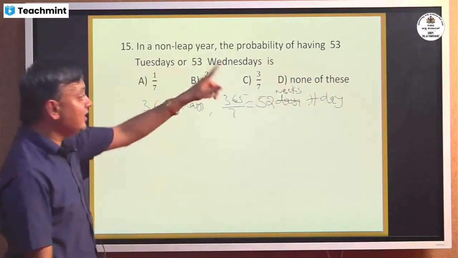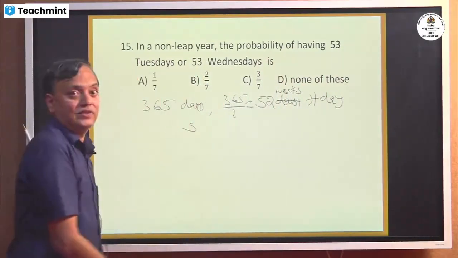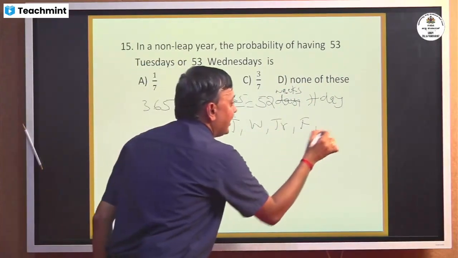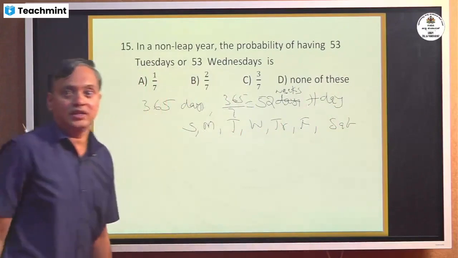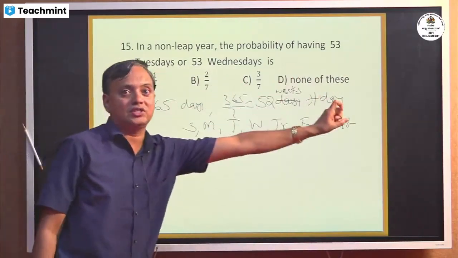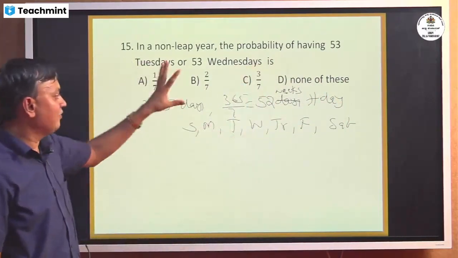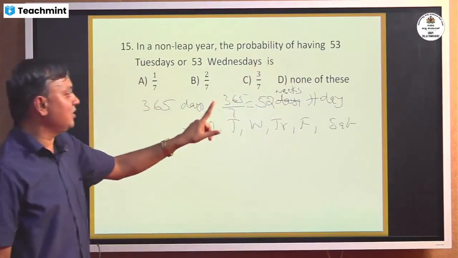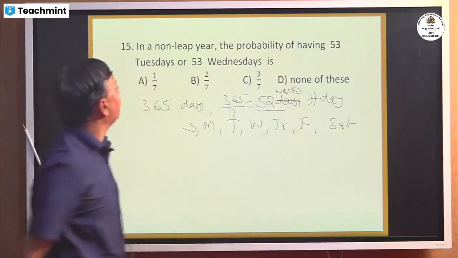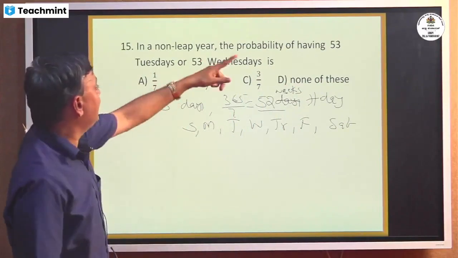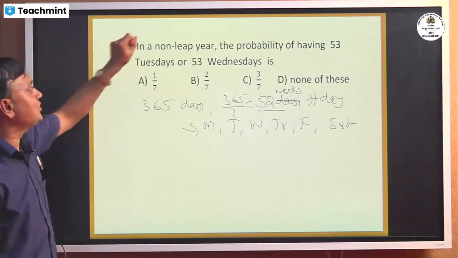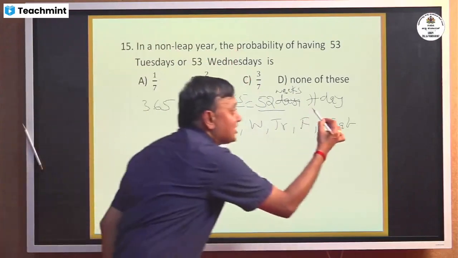So that 1 day becomes either Sunday or Monday, Tuesday, Wednesday, Thursday, Friday or Saturday, correct? So in 365 days we have 52 weeks plus 1 extra day. 365 is not exactly divisible, because 52 times 7 is 364 plus remainder 1. So we get 52 weeks here, which means 52 Tuesdays or 52 Wednesdays, plus 1 day extra.